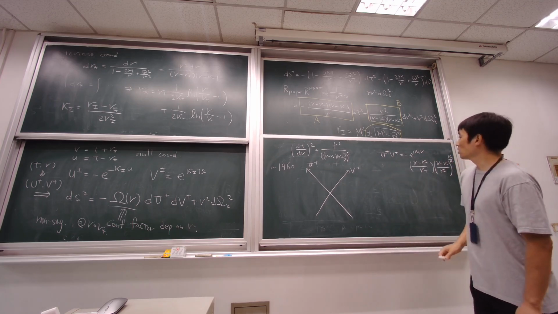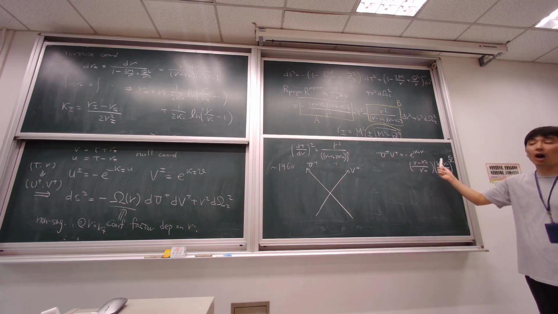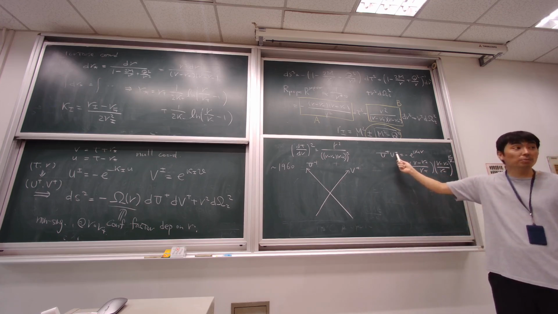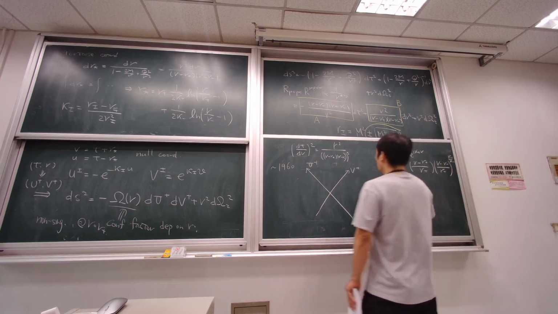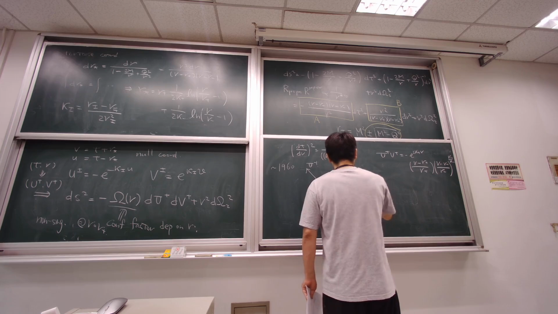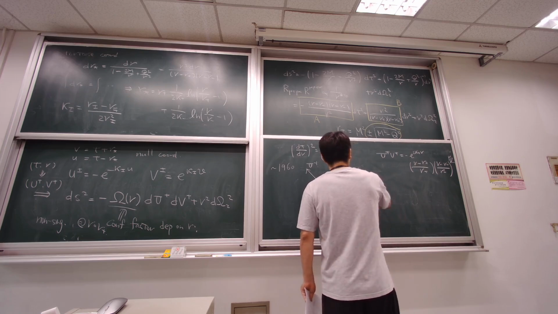So once this fits R, U plus times V plus becomes constant. So therefore, R equal to constant becomes this hyperbola again.